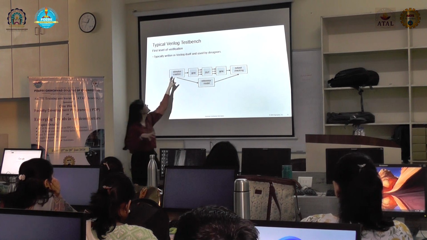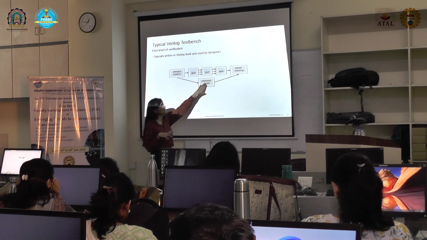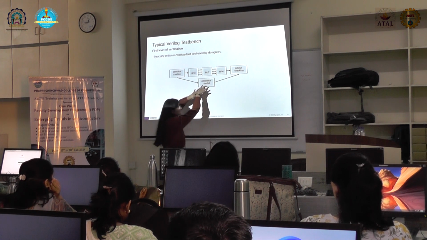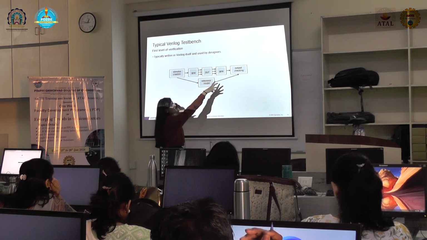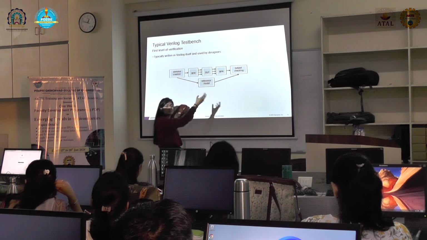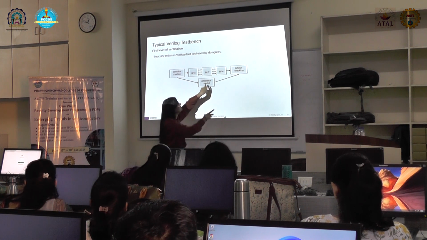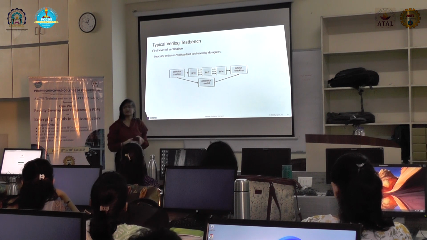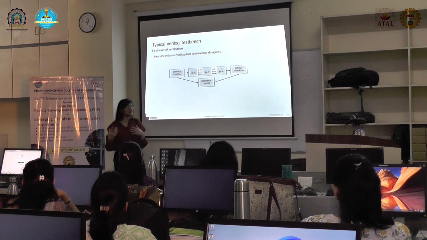What we drive, and the output of the driven stimulus, will be collected and compared in the reference model. That will be the actual check. For the checker, the output will be the actual data, and that will be compared with the reference model data. In that way, we can finalize that this test is passing, or other checkers can be involved in that.